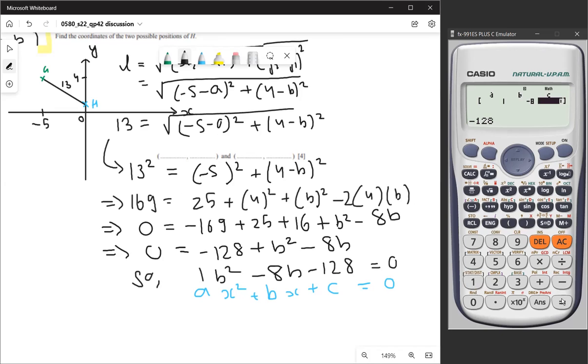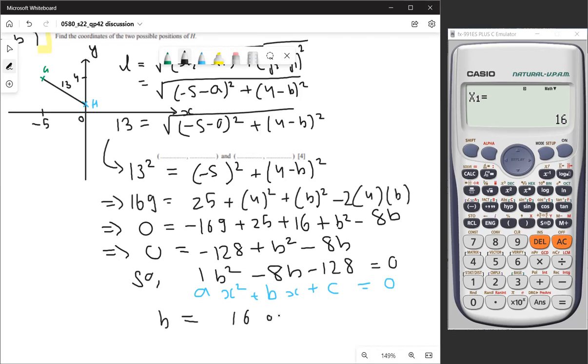Clear? Any questions? Do you have any questions? No. Now when I press equal, I get B is equal to 16 or minus 8.